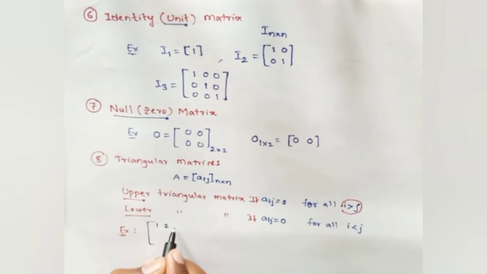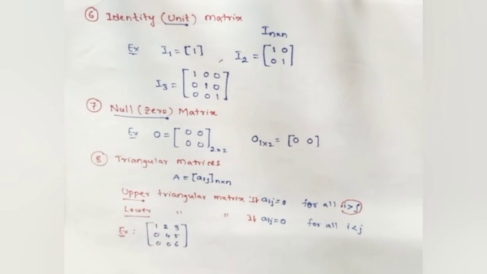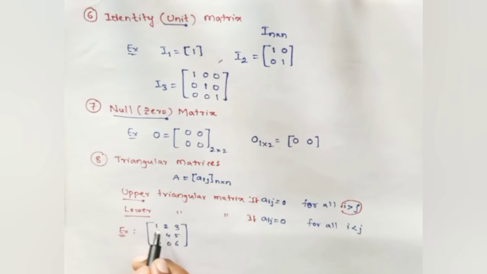1, 2, 3, 0, 4, 5, 0, 0, 6. Here you can observe the notations are the locations of all these elements. So it is A11, A12, A13, A21, A22, A23, and so on, A31, A32, A33.